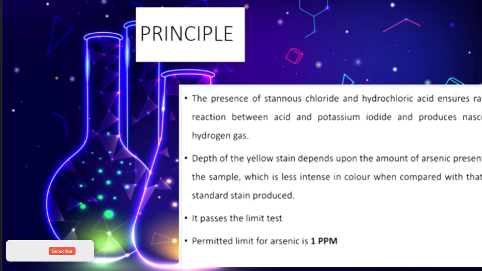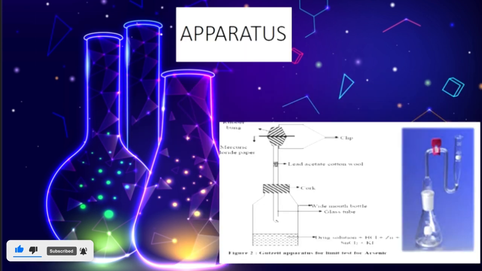The procedure for this is we usually take a special apparatus which is called the Gutzeit apparatus. It consists of a tube, a clip and rubber bands, and it has a mercuric chloride paper at the middle of the tube, and the solution consists of hydrochloric acid and the sample, and you have the stannous chloride in it.